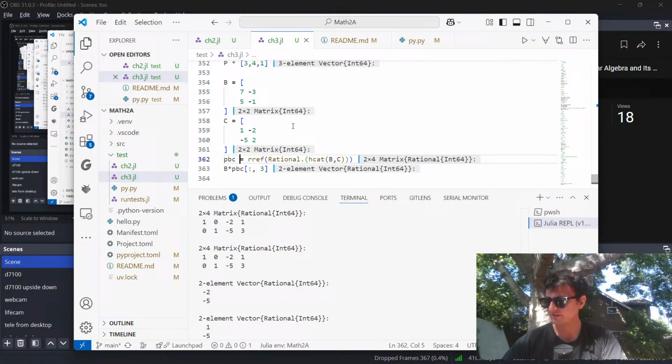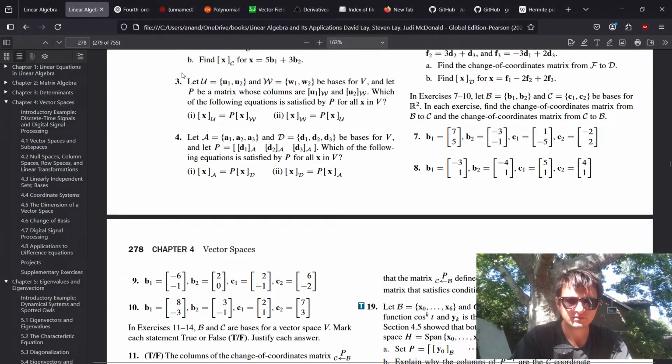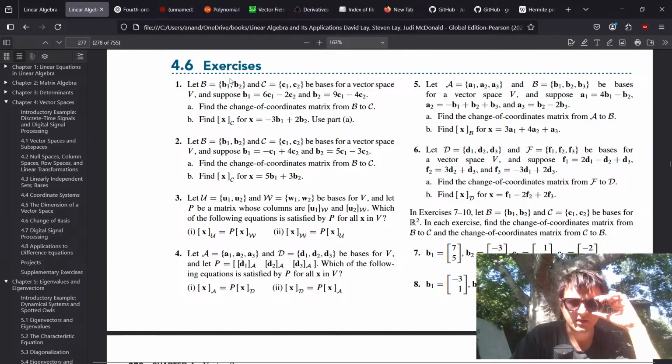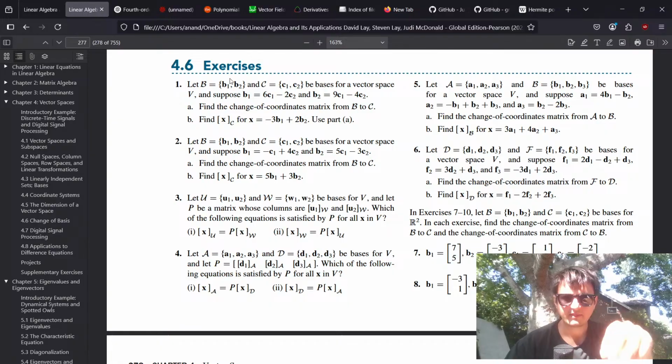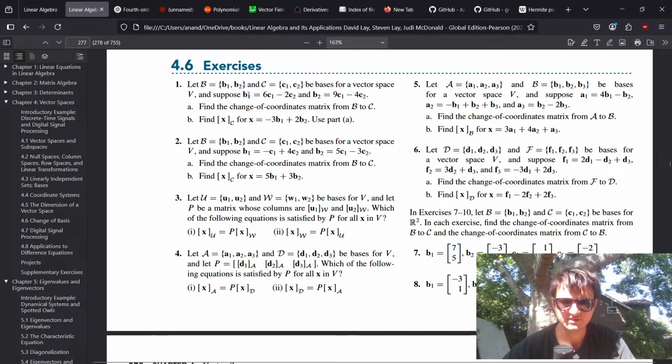Wait, let's just go back to basics. Okay, so in problems like 1, you have B, so 6 minus 2 is the C coordinate vector of B1.